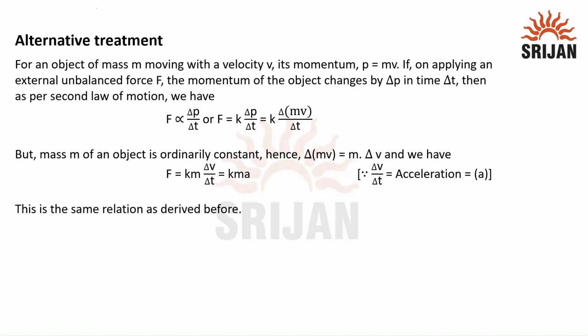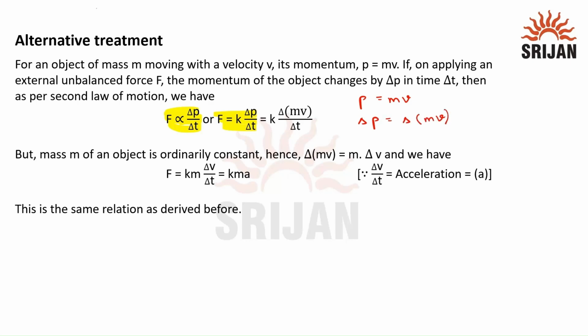Alternatively, we can derive the previous expression F is equal to ma like this also. We know that as per Newton's second law of motion, the force is directly proportional to the rate of change of momentum. So if we remove the proportionality sign, there will be a proportionality constant, that is F is equal to k delta p by delta t. And p is equal to mv. So delta p can be written as delta (mv).